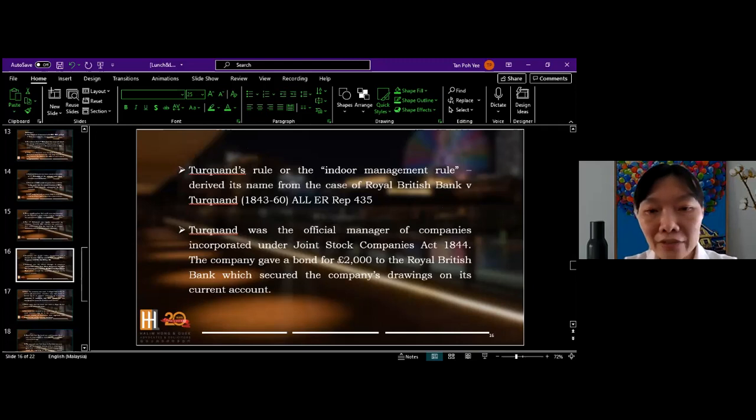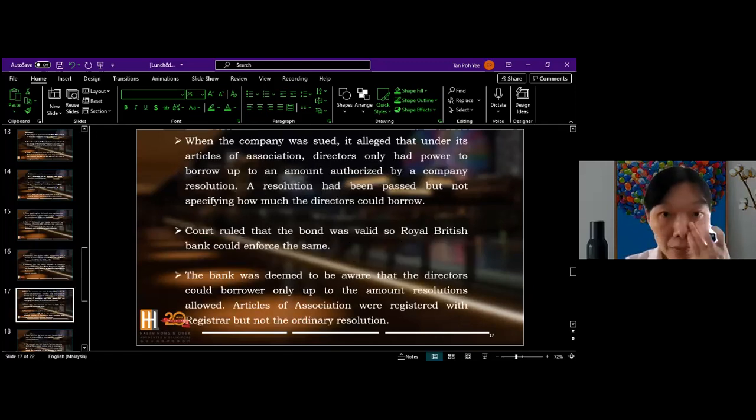The company gave a bond for £2,000 to the plaintiff bank, Royal British Bank, to secure the company's drawings on the current account. When the company was sued, it was alleged that under its articles of association, the directors had only power to borrow up to a certain amount authorized by the company. A resolution had been passed, but did not specify how much the directors could borrow.